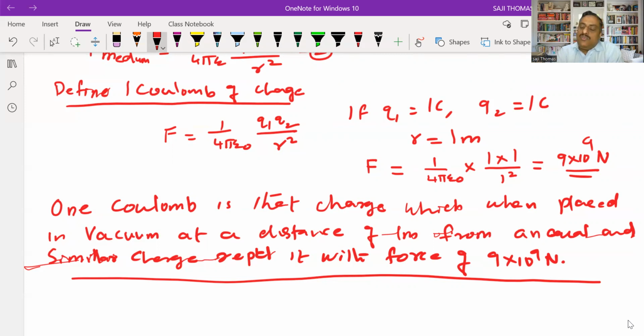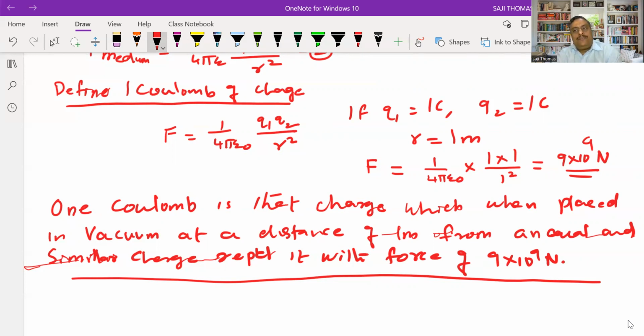What is the statement of Coulomb's law? The electrostatic force between two point charges is directly proportional to the product of the magnitude of the charges and inversely proportional to the square of the distance between the charges. It is also called inverse square law.